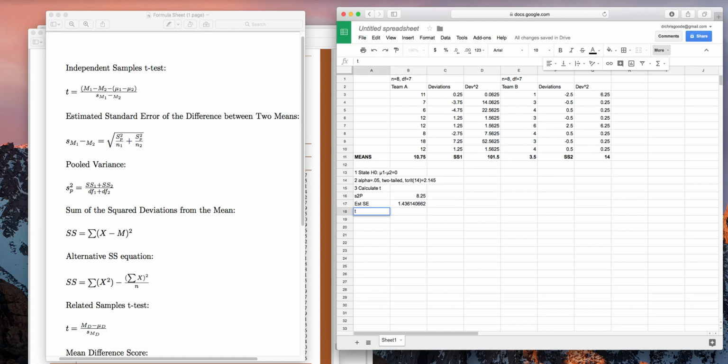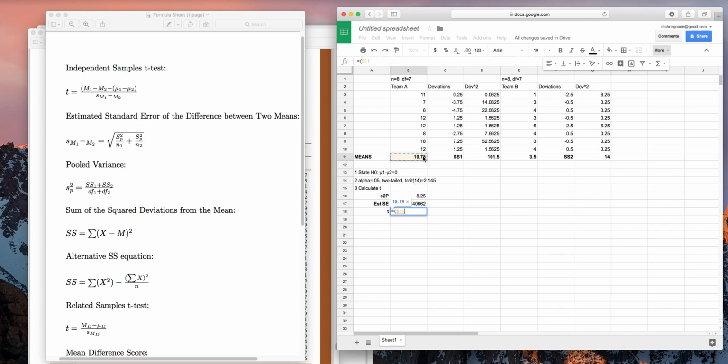So now we can calculate t, right? And let's just align these right so that they'll look good. Bold them. Okay, what is t? T is equal to, and we got to do this in parentheses again. First you do the mean subtractions.